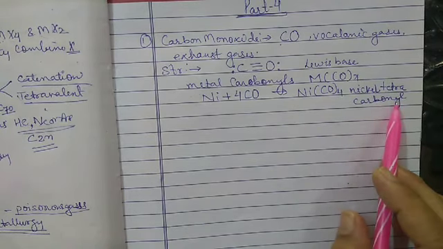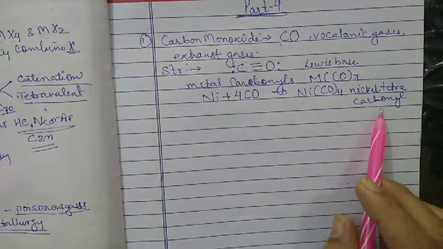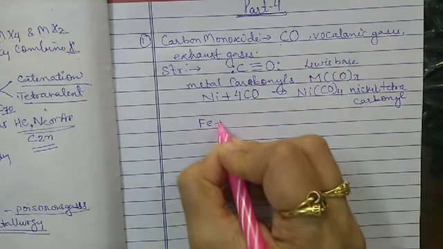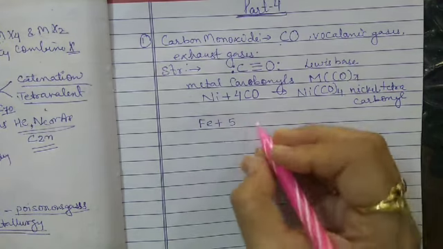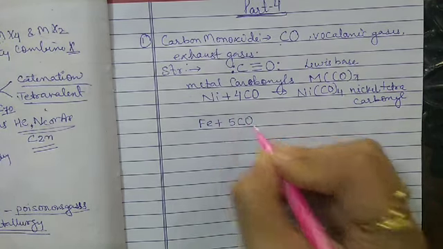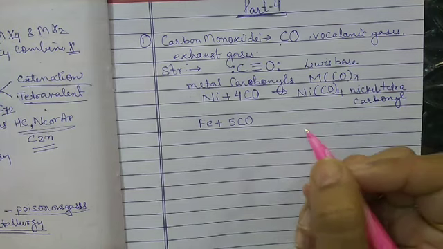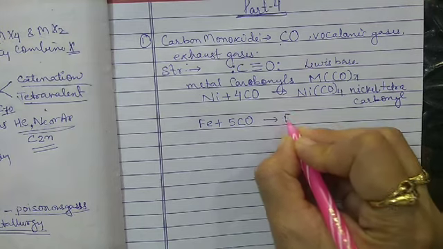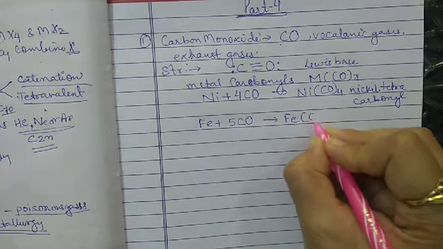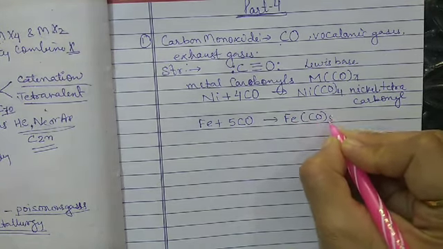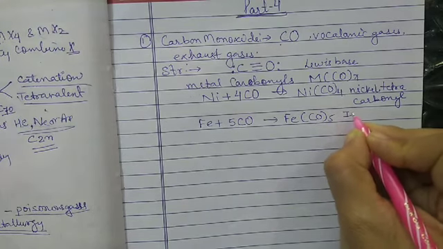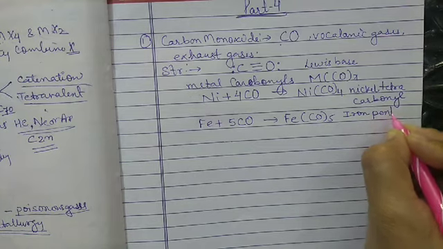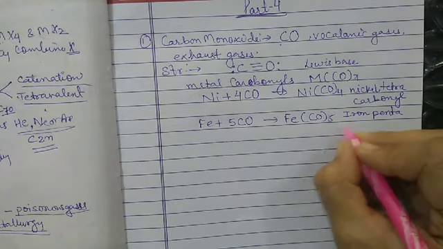In the same way, when iron combines with 5 molecules of carbon monoxide, we get Fe(CO)5, that is iron pentacarbonyl, because 5 stands for penta.